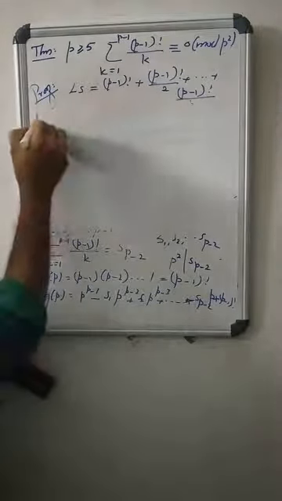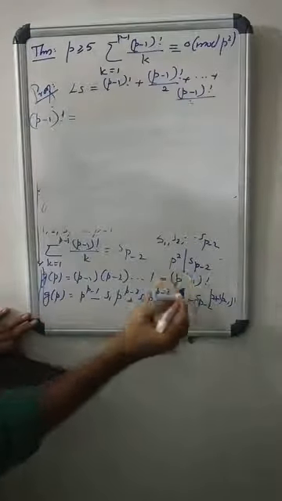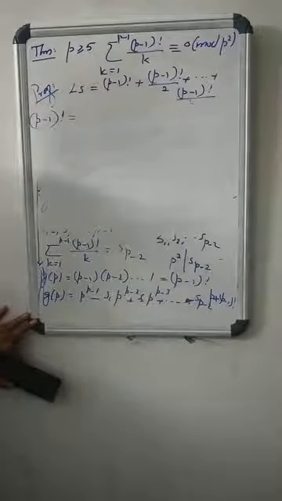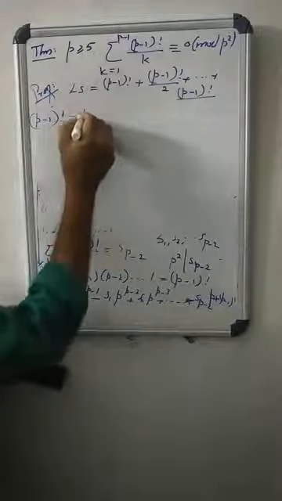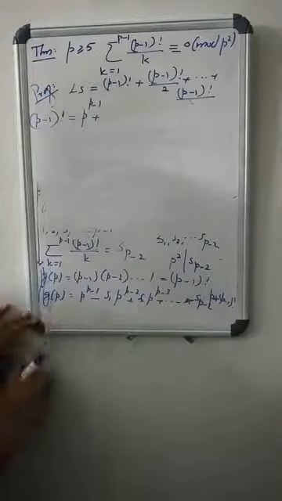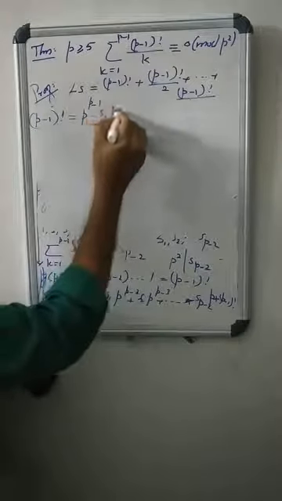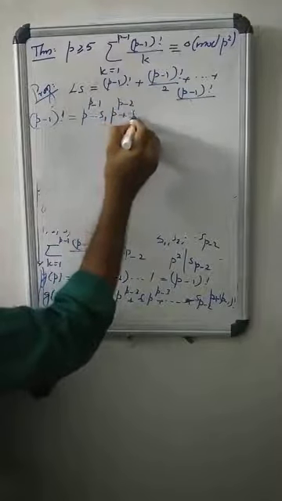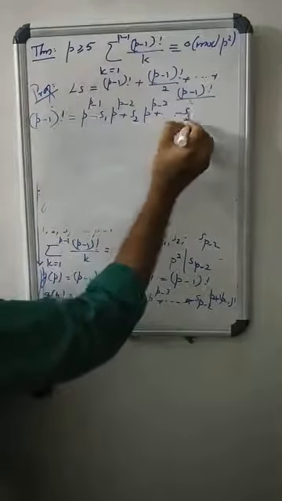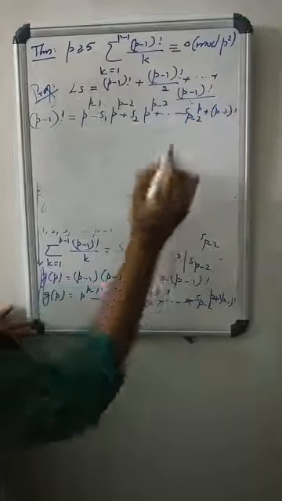So from here, what do you get? (p minus 1) factorial equals g of p, so this (p minus 1) factorial equals p power p minus 1 minus s1 into p power p minus 2 plus s2 into p power p minus 3 plus etc. minus s(p minus 2) into p plus (p minus 1) factorial.